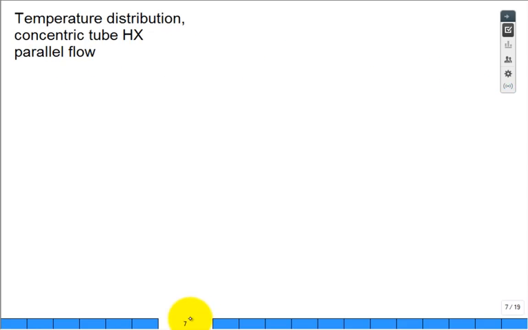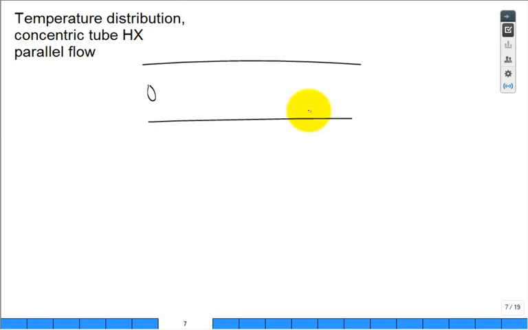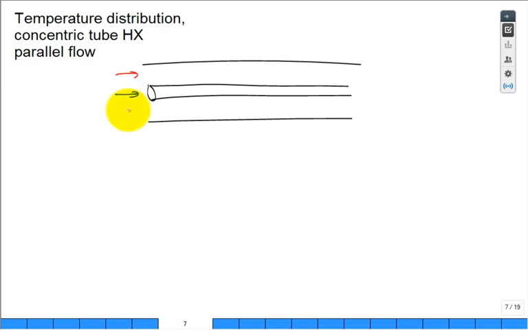Well, let's take a look at plotting a temperature distribution in a concentric tube heat exchanger. So we were introduced to that. We had a tube inside of another tube, and so often it gets a little confusing because I have a fluid running here and a fluid running there. What we'll often do is just talk about the temperature of the hot fluid.